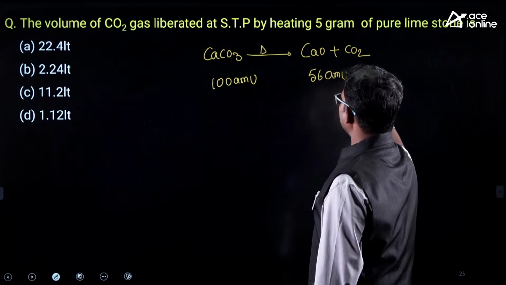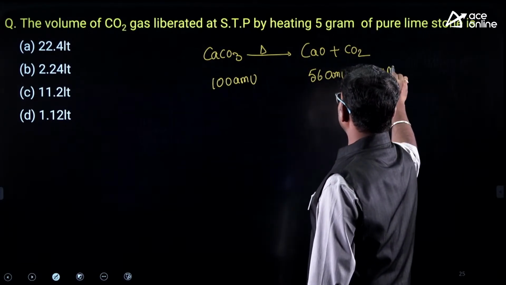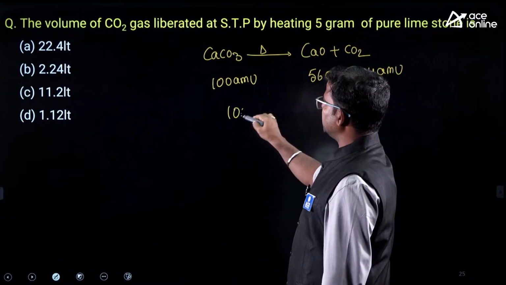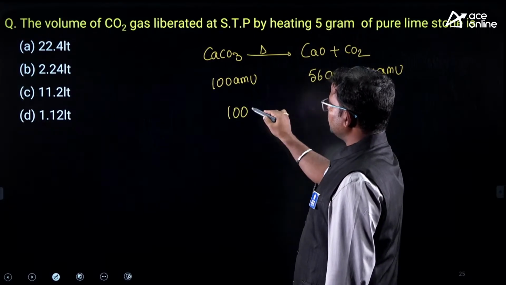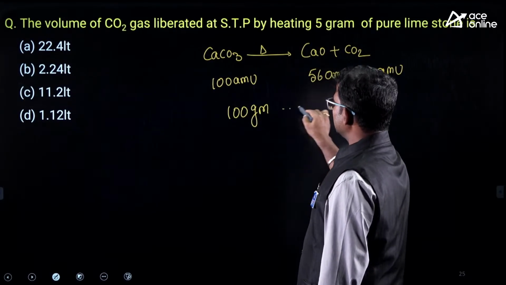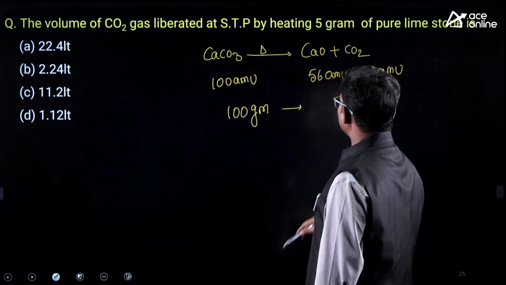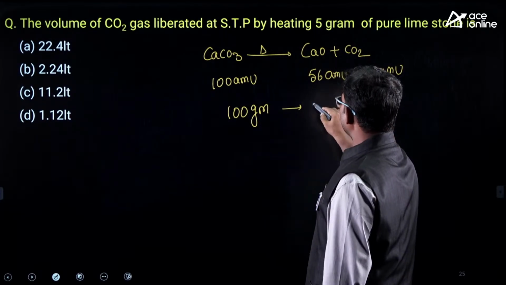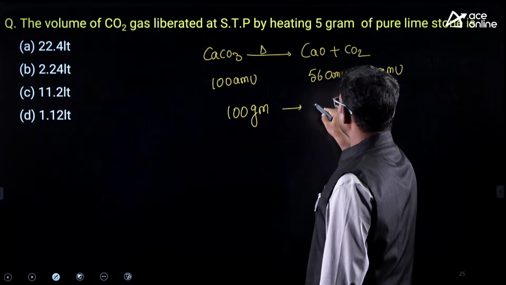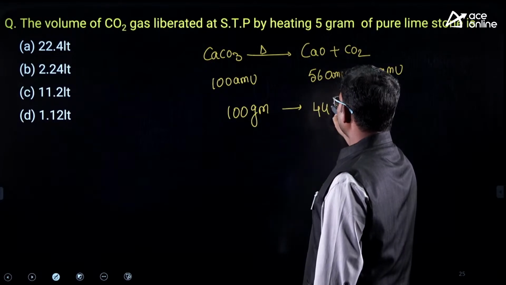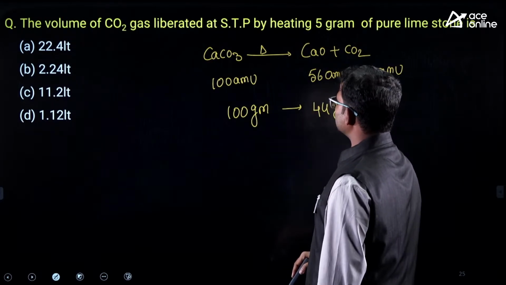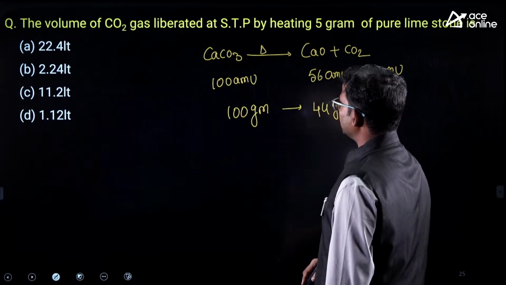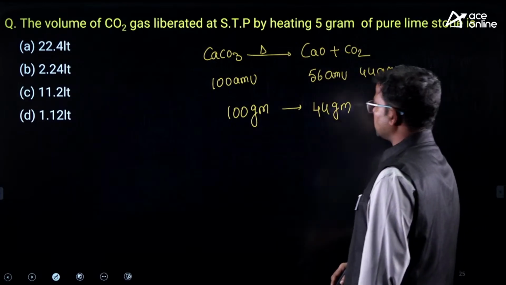Next, what about carbon dioxide? 44 AMU. So if you consider grams instead of AMU, for 100 grams of calcium carbonate, how much carbon dioxide can be formed here? 44 grams. Okay, 44 grams of carbon dioxide we get from 100 grams of calcium carbonate.